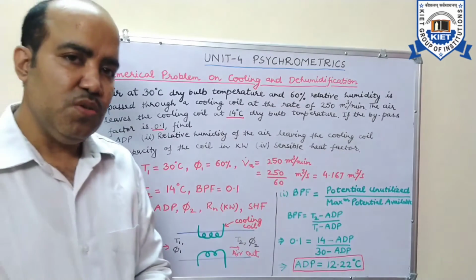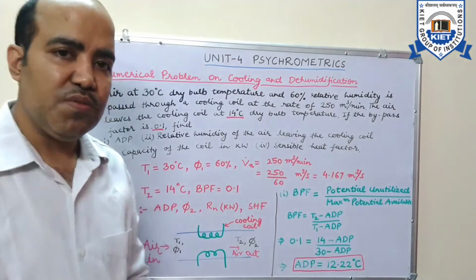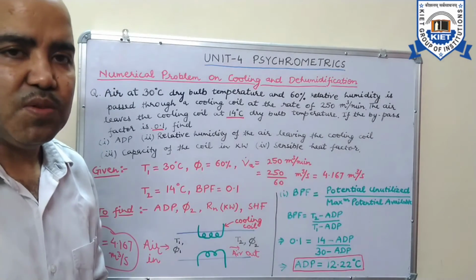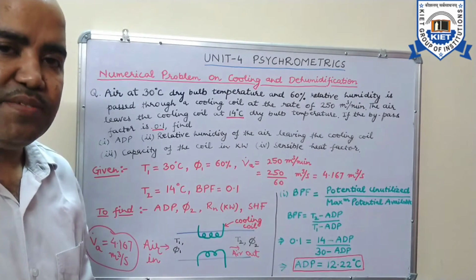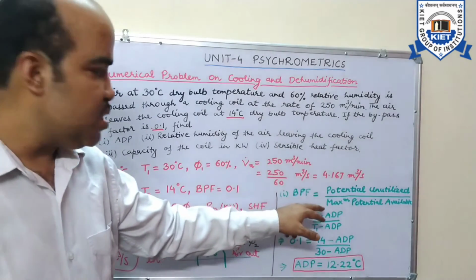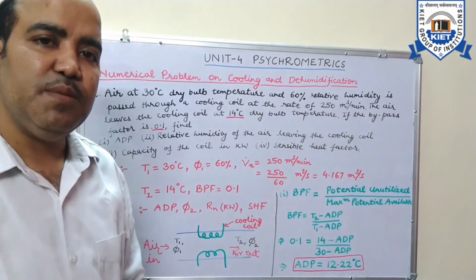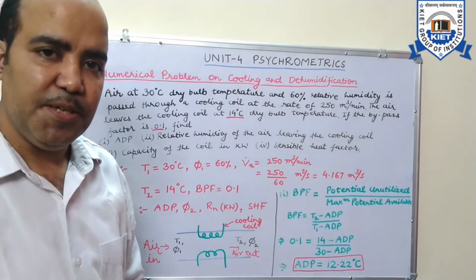Okay, so we are already aware of the bypass factor, when we discussed the definition in the previous lecture. Bypass factor is equal to potential unutilized divided by maximum potential available.